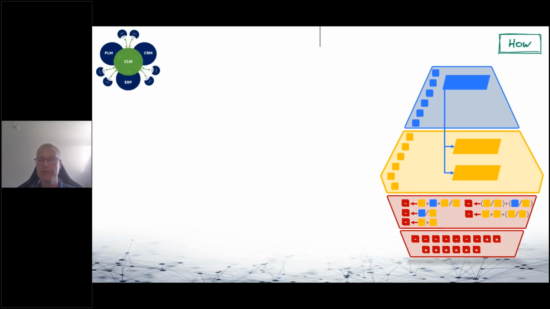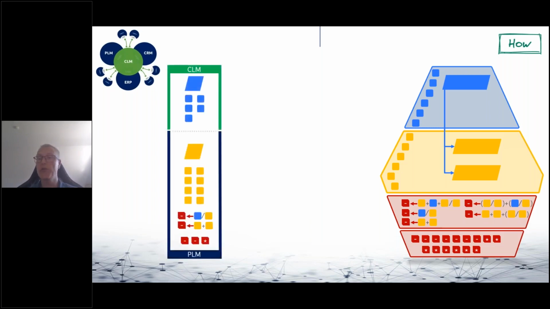When it comes to integration, we see three main scenarios for how the PLM system and the CLM system could be integrated. So option one would be to say, let's put all the technical information we have into the PLM system. So in this scenario, we will have all the technical features, all the technical rules, and of course, everything to do with bill of material, the parts, and the selection rules. Let's put that into the PLM system.